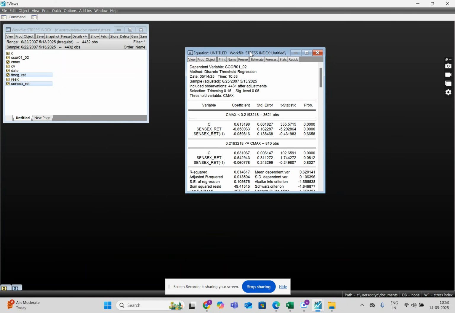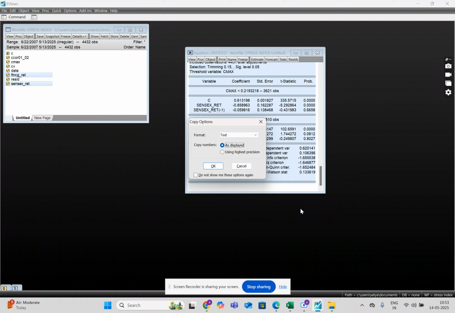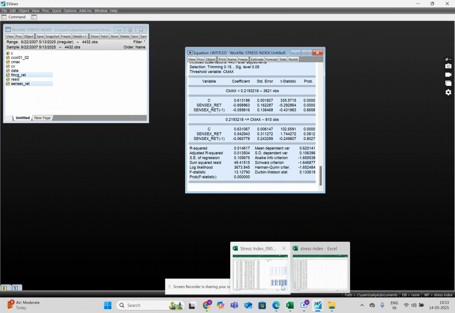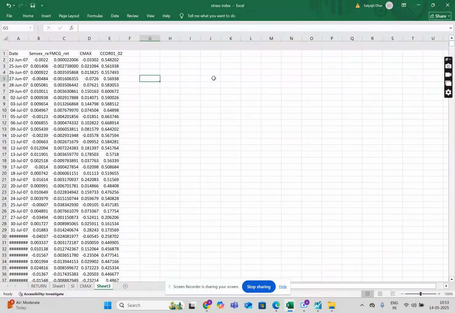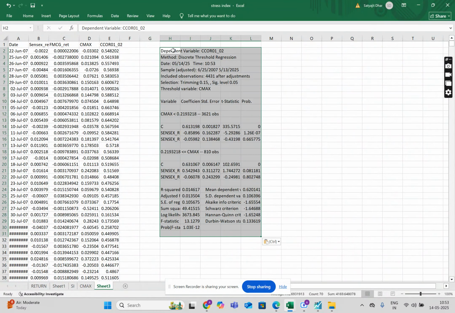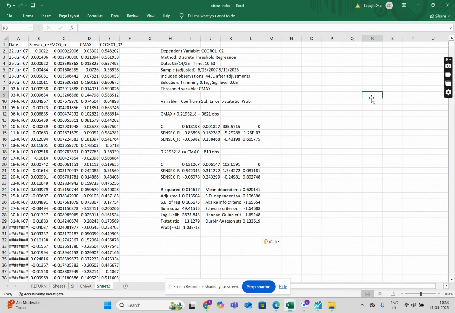So here you have it. Now we need to copy this data on Excel for our analysis. So our understanding will be on the basis of this. Suppose there is a high stress market.